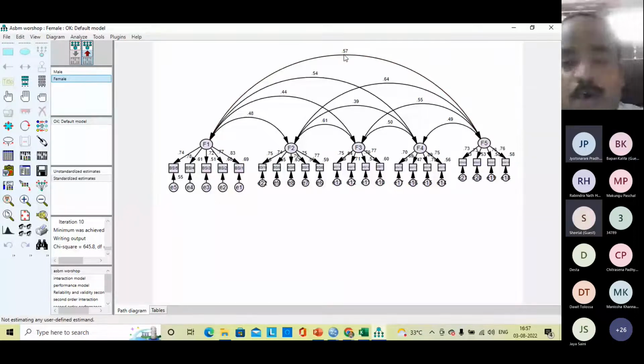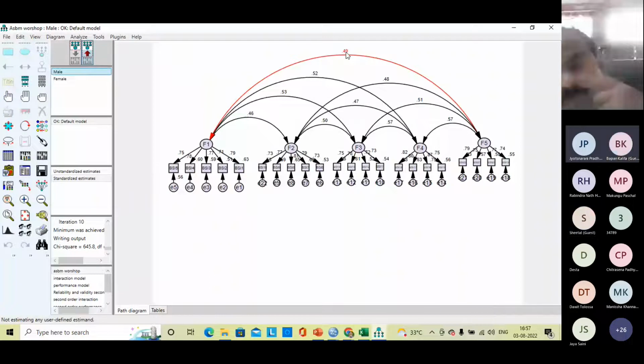That means the covariance between F1 and F5 is higher for the female than for the male. The figure that has been red highlighted is 0.57 for the female, and the same thing for the male is 0.49.